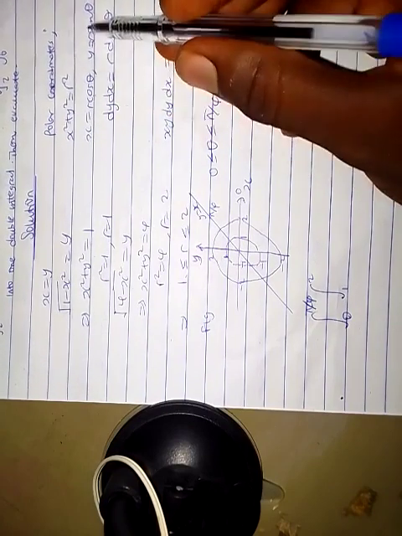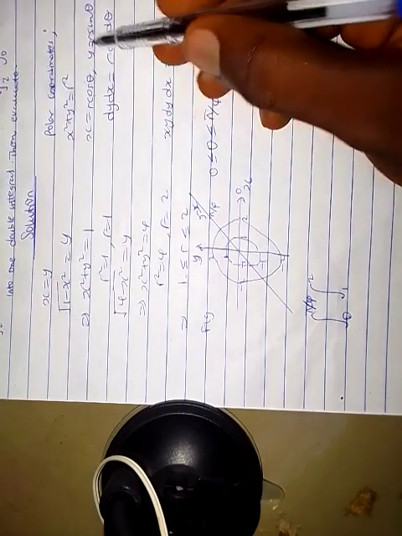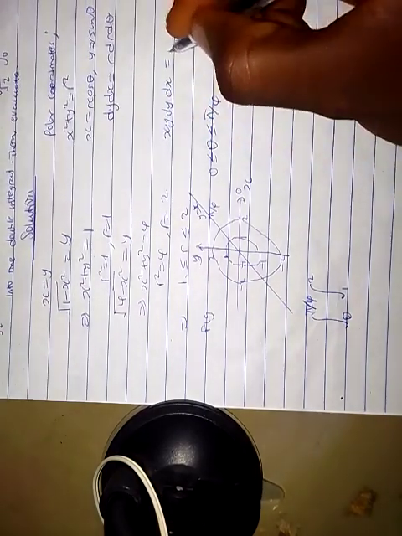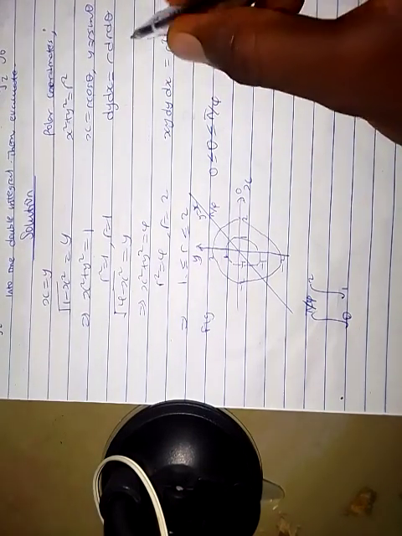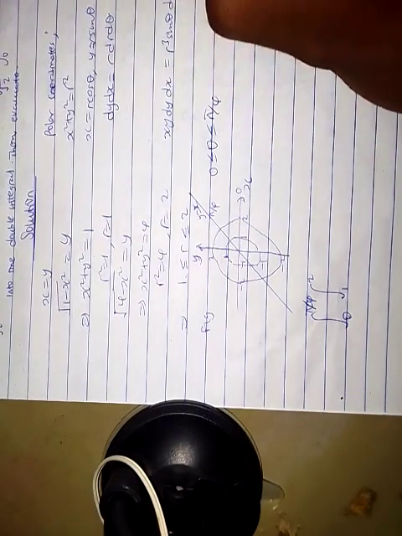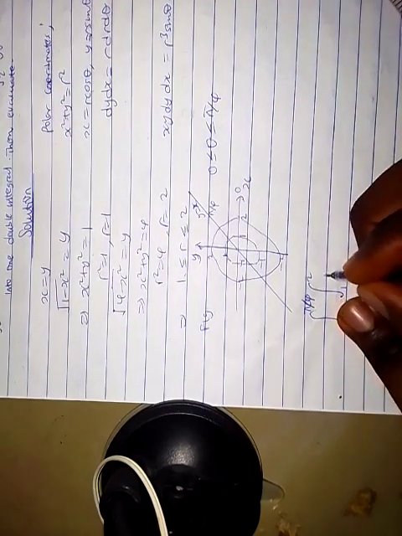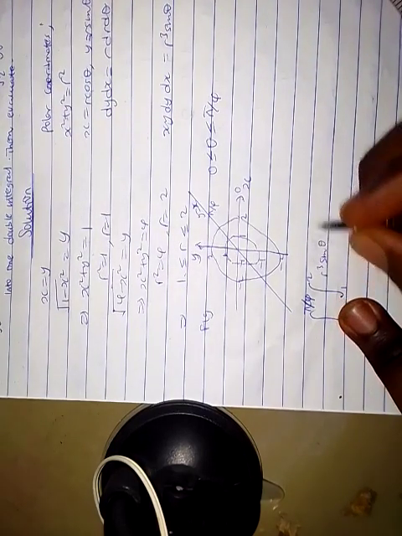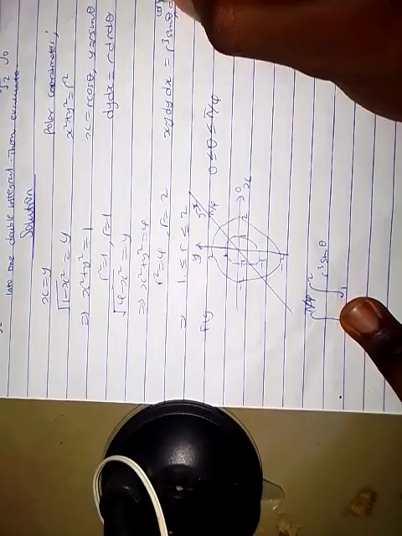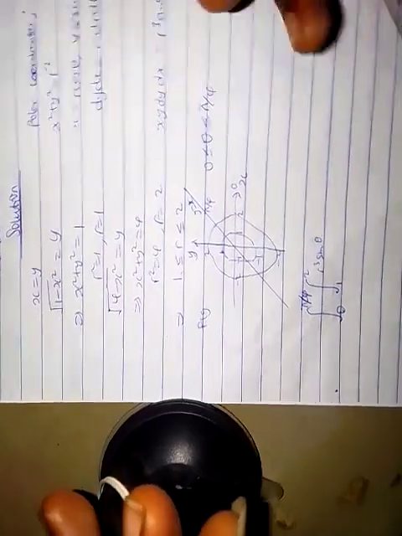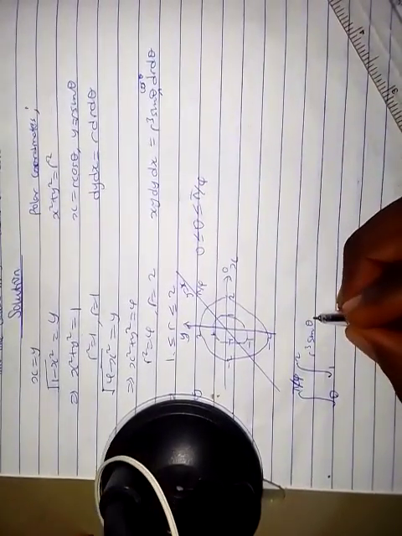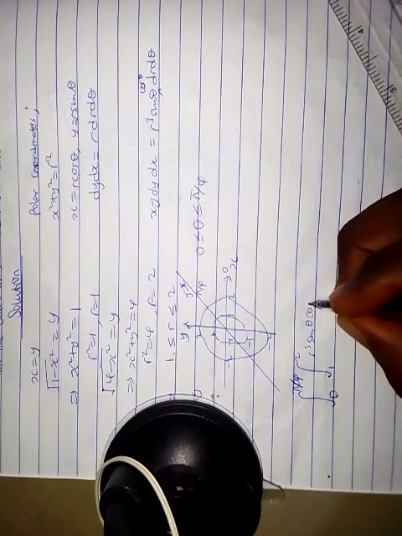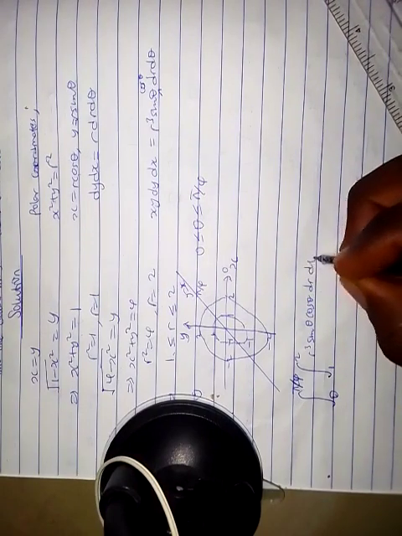So we multiply all these together. We're going to have r cubed sin theta cos theta. There's cos theta here, sorry, so that you can clearly see it. So we have r cubed sin theta cos theta dr d theta.